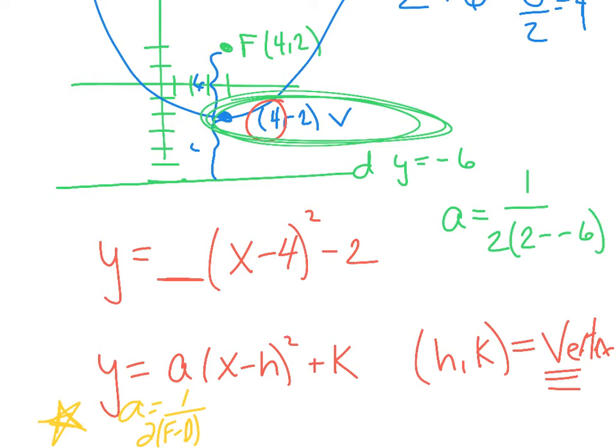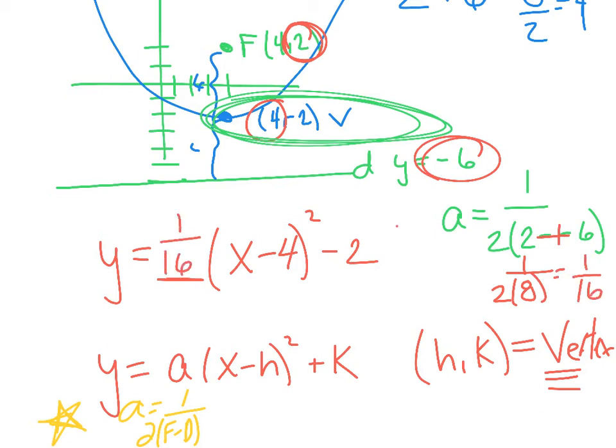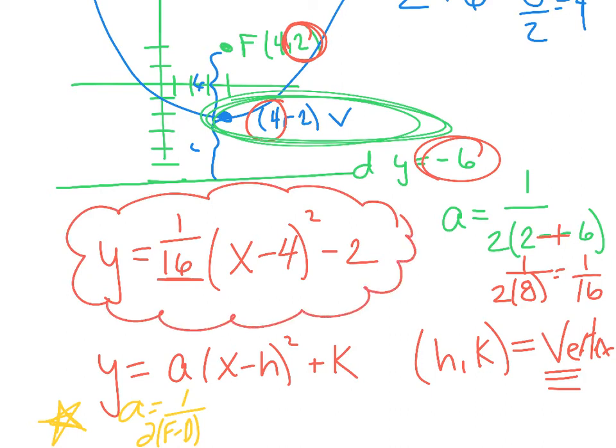So notice how I did that. I just grabbed my focus height and my directrix height. So that's going to make a positive. So that's 1 over 6 plus 2 is 8. I'm going to say that's 1 over 16. So this should give me the exact analytic equation of a parabola that had those criteria in the beginning.